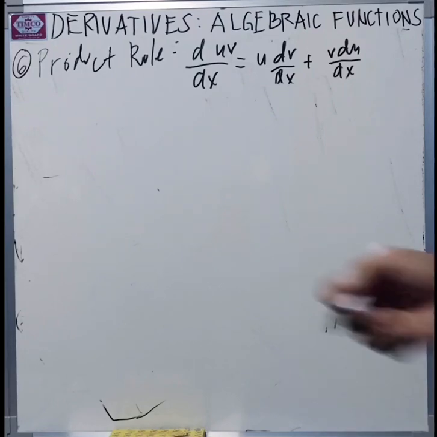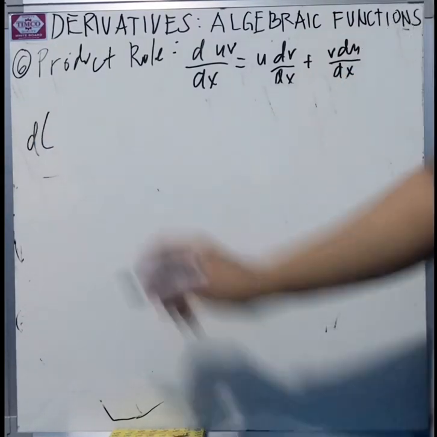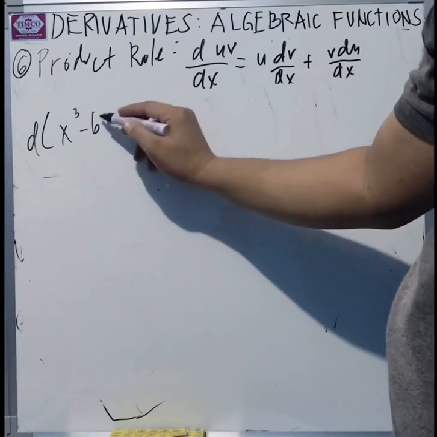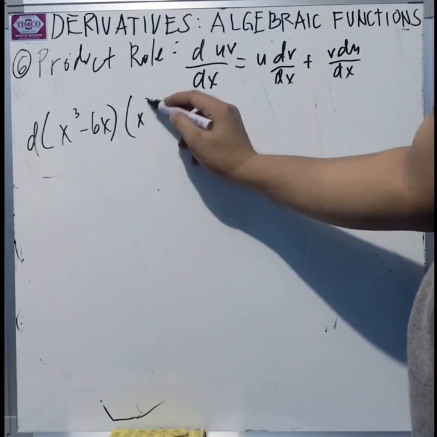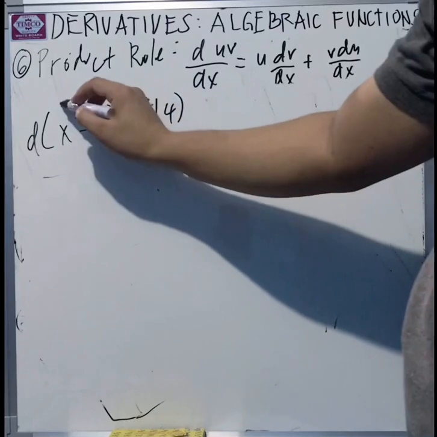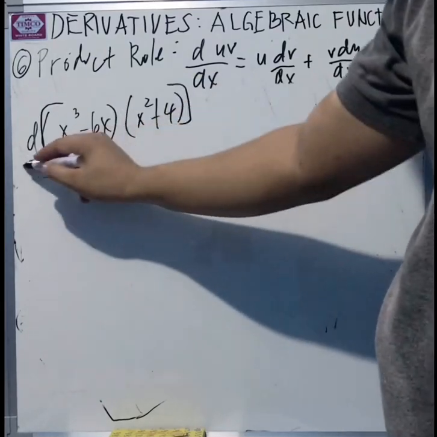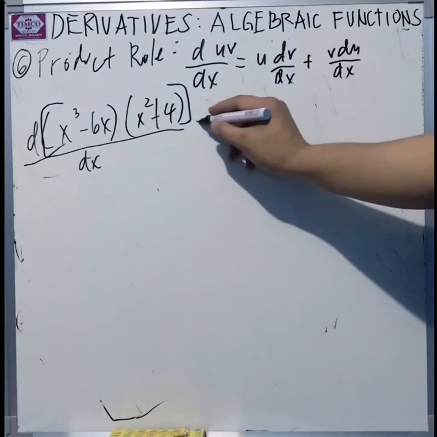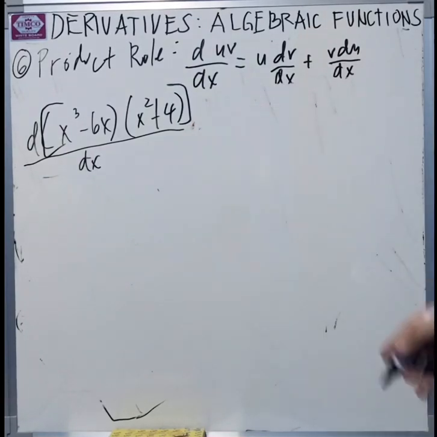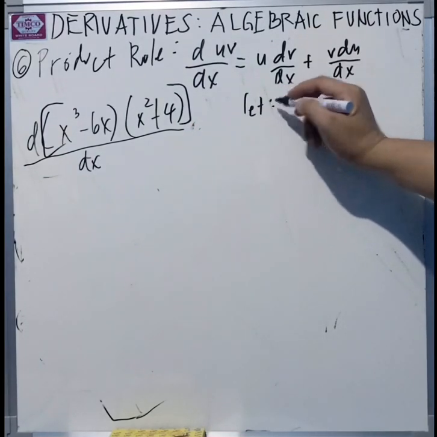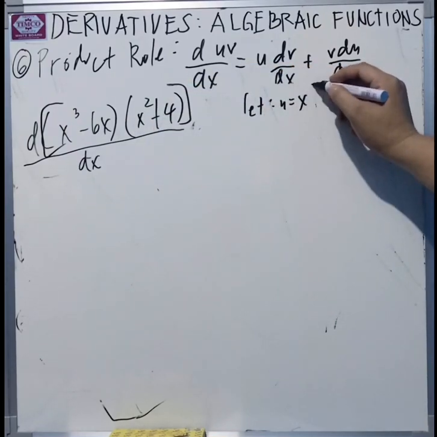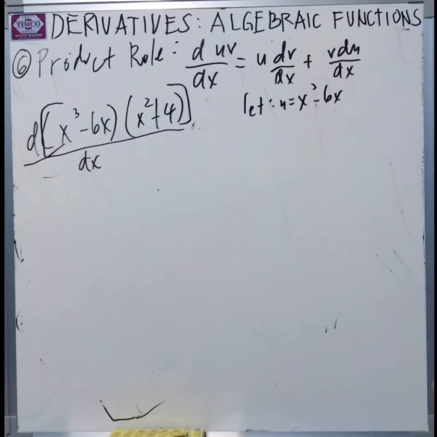For product rule, we have to find the derivative of x cubed minus 6x times x squared plus 4, okay, with respect to dx. Ayan. So, first, yan ang ginawa natin, magle-let tayo. Let u is equal to x cubed minus 6x. Diba?